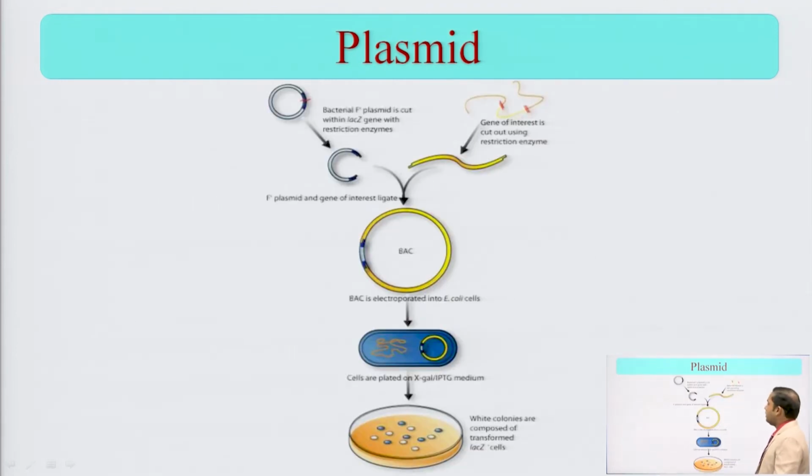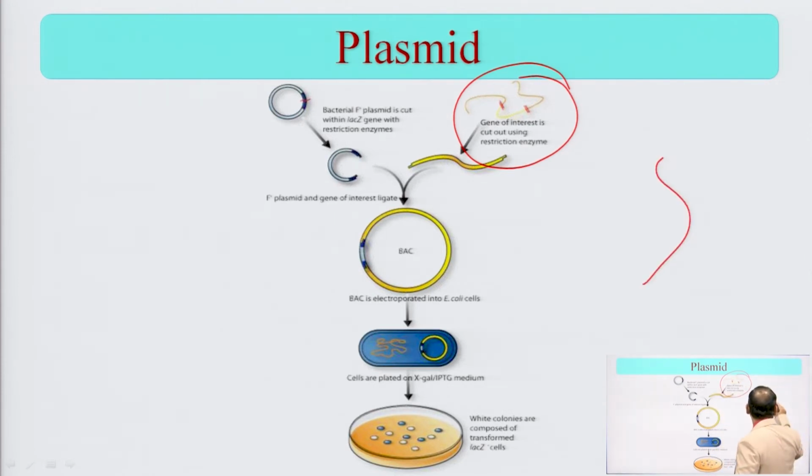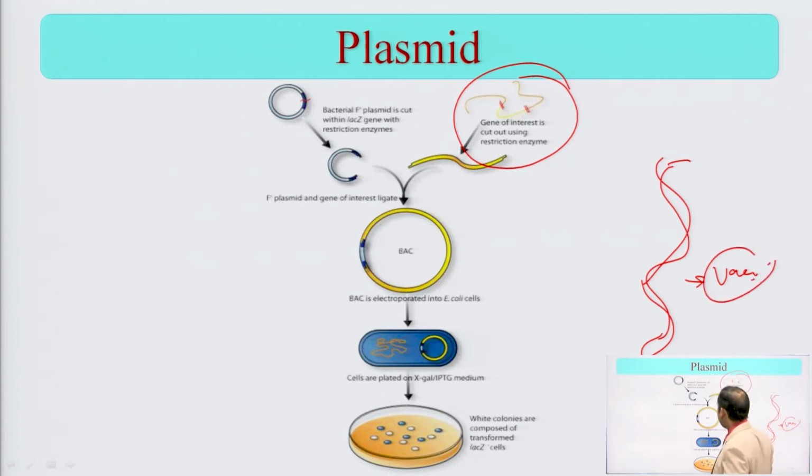This is a typical workflow, how things actually happen. For example, I have one DNA and I know its features. I know it will create one good vaccine. So this is my gene of interest. I will take a bacterial plasmid, for example the bacterial F plasmid, and cut it using a restriction enzyme.